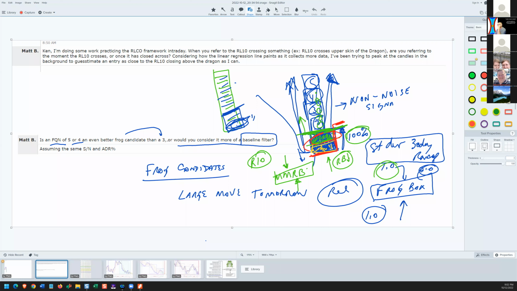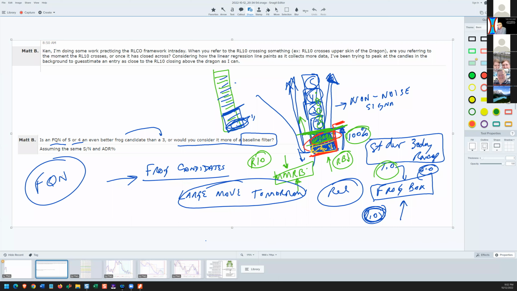Now, I say all that simply to say that what we want in frog trading or intraday trading or sniper trading or RLCO trading intraday is candidates that are poised to make a large move. One of the ways that we first determined that in Frog 1.0 was a large frog quality number, because what that told you was that the average range, when divided into frog box increments, was better than 3-to-1.